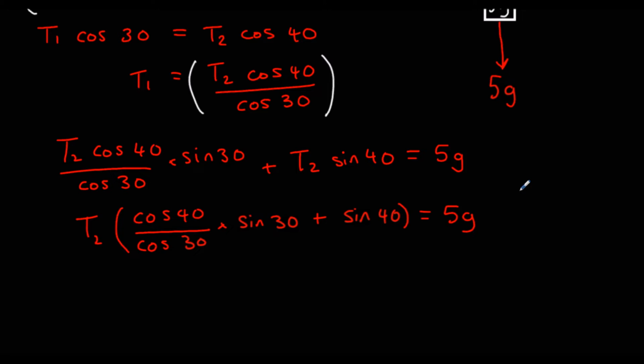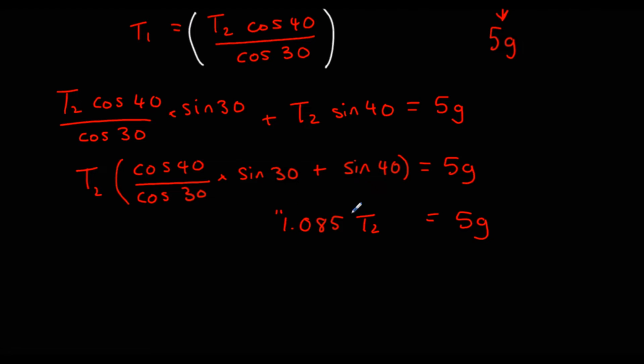So cos 40 over cos 30 times sine 30 plus sine 40, and that comes out as 1.085. So what I've actually got here is 1.085 T2 equals 5g. So it looks a lot simpler.